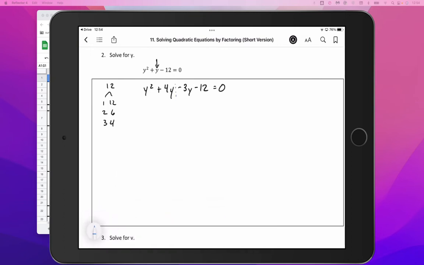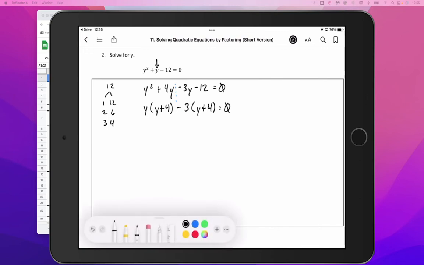We do our down the middle. On the left, we can factor out a y. That leaves y plus 4. On the right, I want to end up with y plus 4, so I need to factor out a negative 3, so that what's left inside will be y plus 4. And all of that is equal to 0. So again, we can factor out, as we've done in the past.